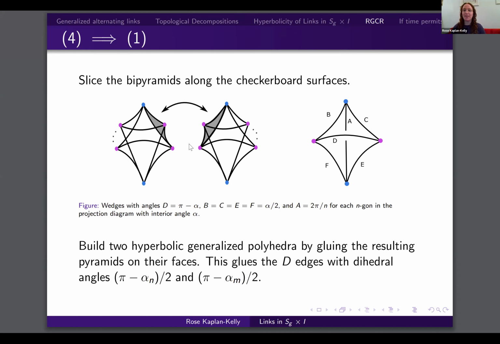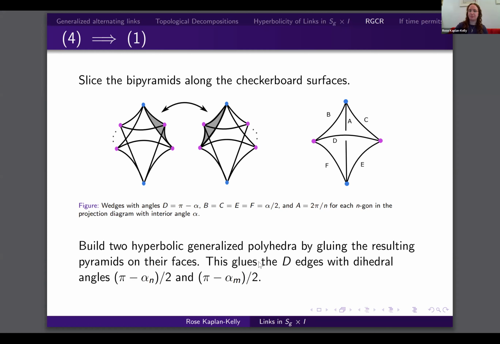And we also know that this tiling has to have that n-m-n-m pattern, so we know that 2α_n + 2α_m gives us 2π. So in our calculation for the dihedral angles we get when we glue together the pyramids, we find that all of them are π/2. So this tells us that our link is RGCR.